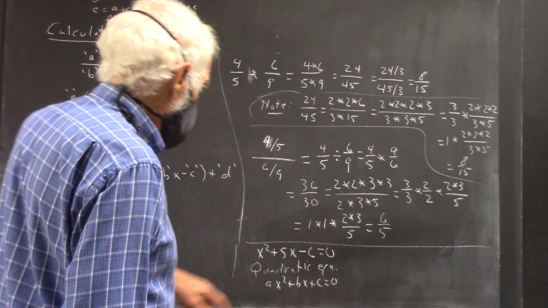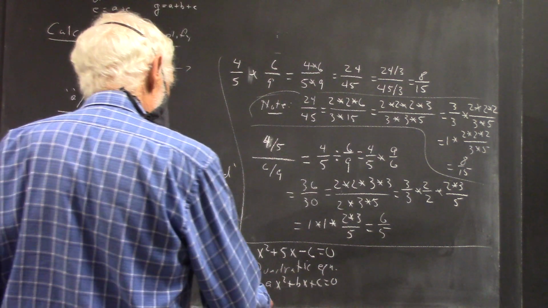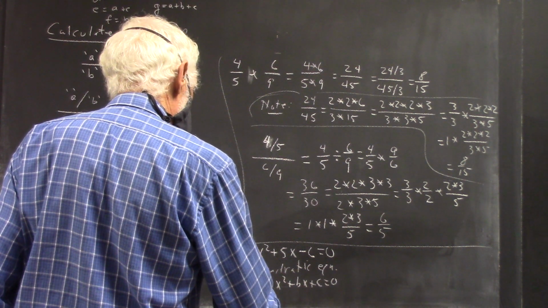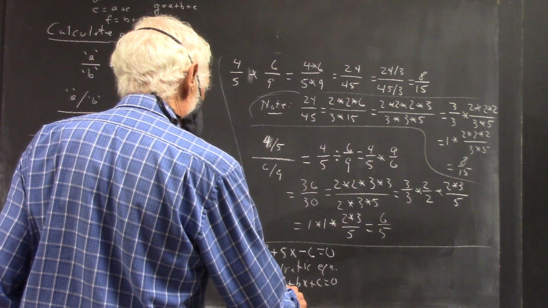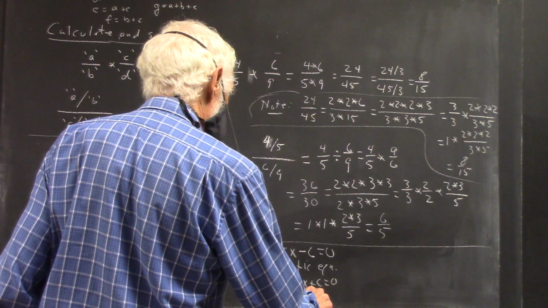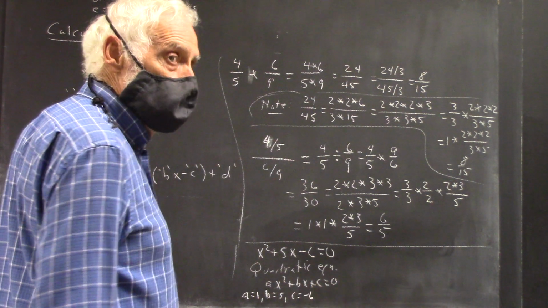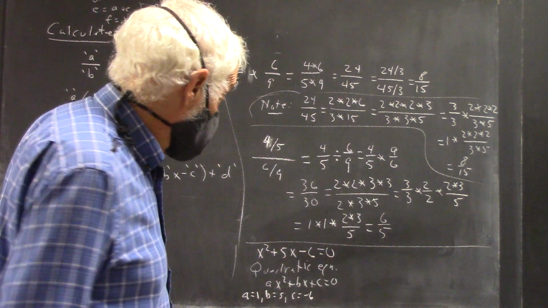It's a quadratic equation. It's an ax squared plus bx plus c equals 0, where a equals 1, b equals 5, and c equals -6. Everybody okay with that? Pretty obvious.